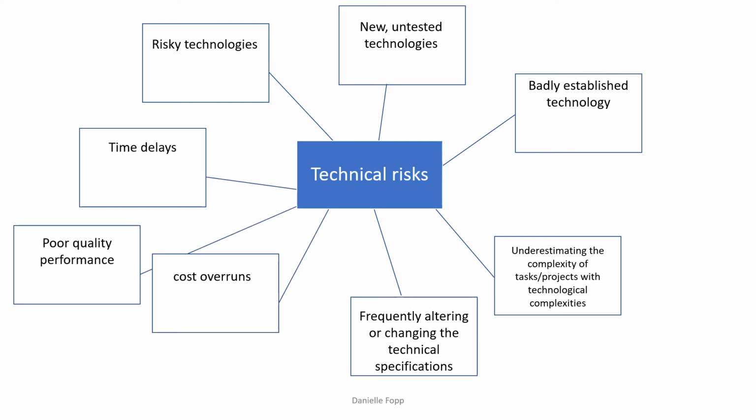Well, if we don't address it in the appraisal phase and flag it as something that needs to be addressed, it can lead to cost overruns, time delays, or poor quality of performance. So we're not saying that if a project has these risks, it shouldn't go ahead, but they need to be really properly appraised and assessed so that we can understand the consequences for the project. And that's your role as the appraiser.